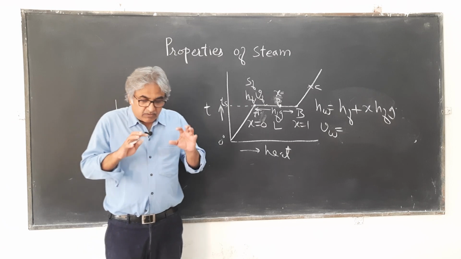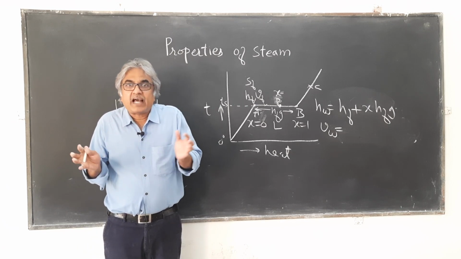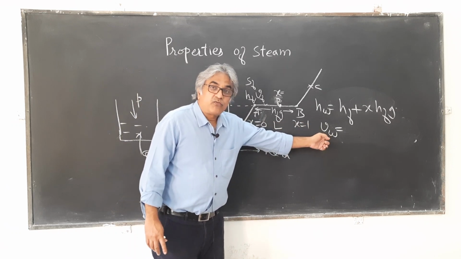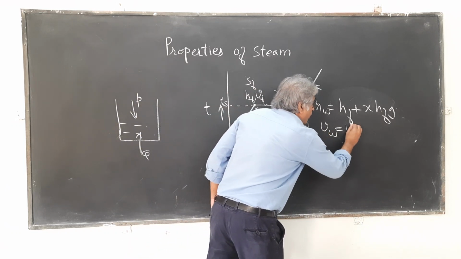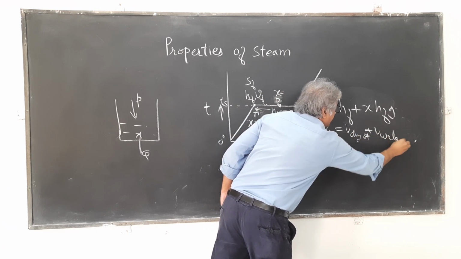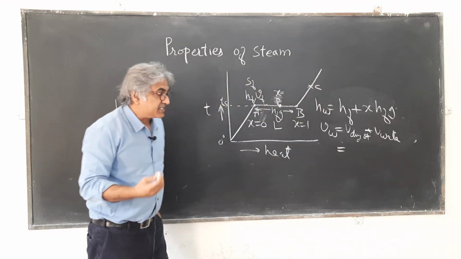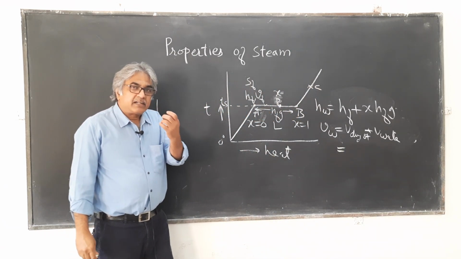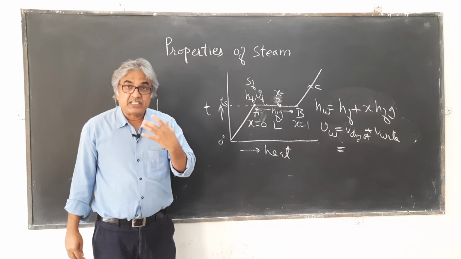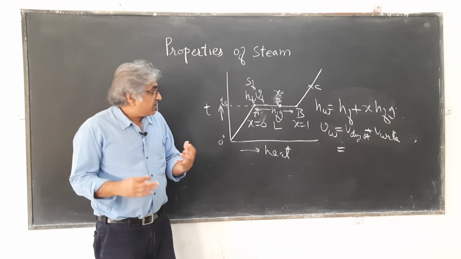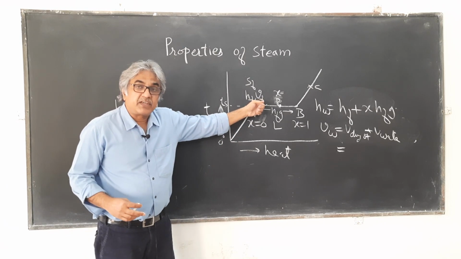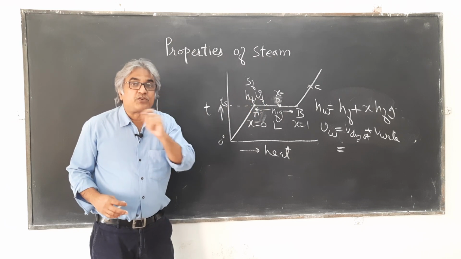The volume of steam and the volume of water have to be added to get the volume of wet steam. So we want to find the volume of wet steam. That means it is the volume of dry steam plus the volume of water. So what will be the volume of dry steam? Here we have said that vf is the specific volume of saturated liquid.